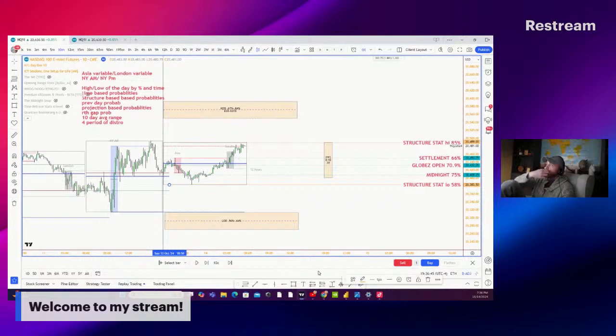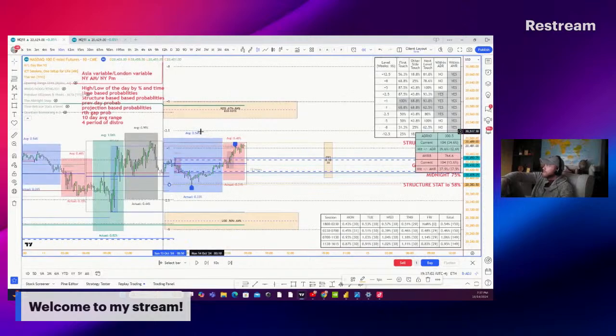Coming back to our chart, we can see we have a time base, which are these 3 times. We have a structure base, which is the last 12-hour highest high and lowest low. And now we're going to do our projection base. Remember, all variables came off of what Asia's done and what London's done so far. So return on the vet is going to give us these standard deviations based off this Asia, which all this is changing next week.